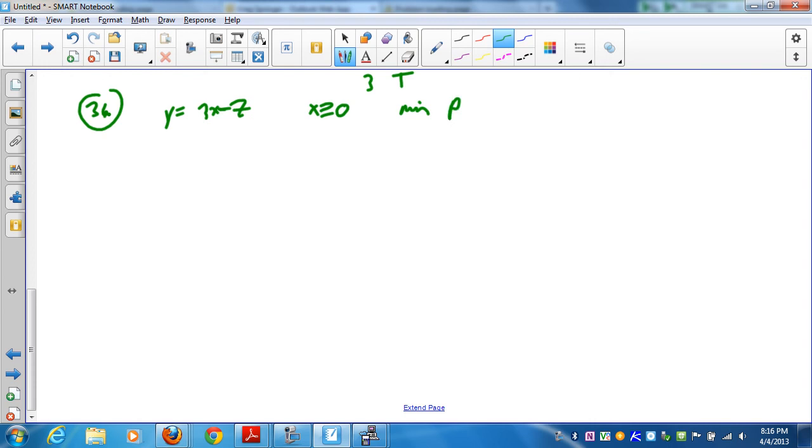The minimum product of x squared times y. So we're trying to minimize this product. So we have to take the derivative of this, but we notice that we have two variables. So we use our equation y equals 3x minus 7, and that's our product, right? Call it p.